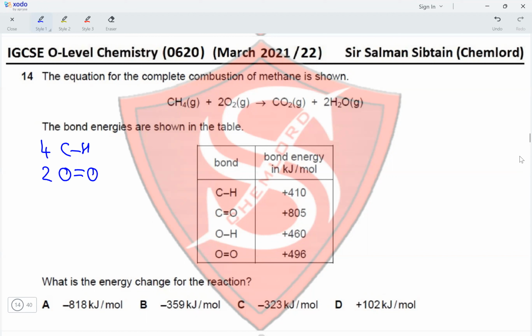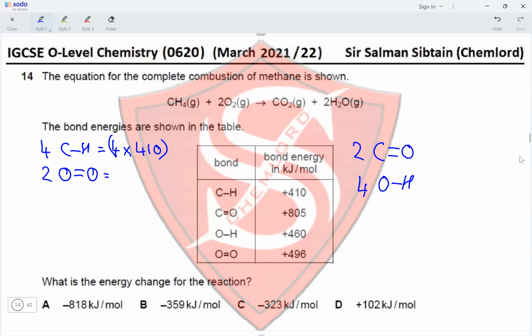So for the reactants, the bonds broken are 4 carbon hydrogen single bonds and 2 oxygen oxygen double bonds. And the bonds that are formed are 2 carbon oxygen double bonds in the case of carbon dioxide and 4 OH bonds in the case of water. So the energy change when bonds are broken is equal to 4 multiplied by 410.